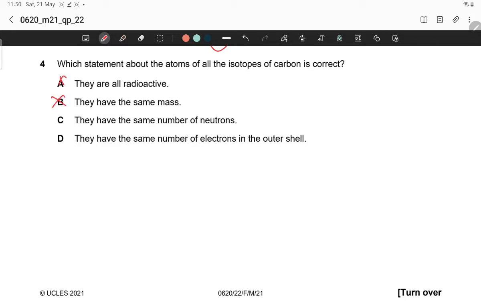They have the same number of neutrons. No, they have a different number of neutrons because one is C12 and the other is C13. Carbon-12 has 6 neutrons and carbon-13 has 7 neutrons. So this is also incorrect.